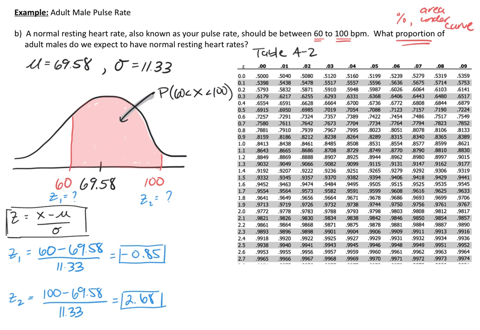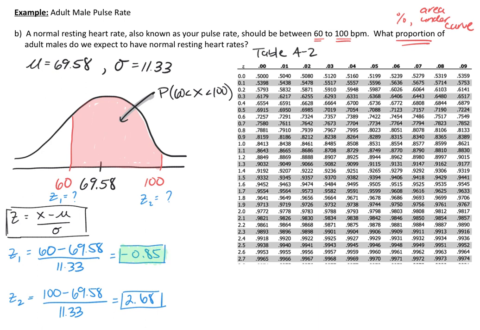Now that you have the z-scores, we can use the table to look for the area. Remember that the table gives you the area that's to the left of each z-score. I do not have a screenshot here of the negative z-scores, but you can pull out the negative side of the table, and I'm going to use green here to find the area that corresponds to a z-score of negative 0.85.